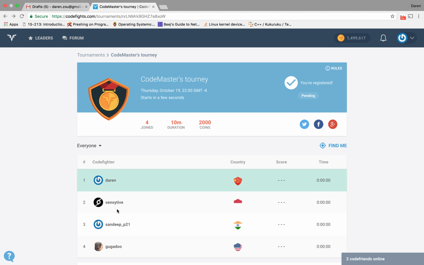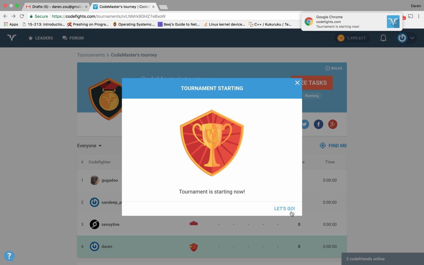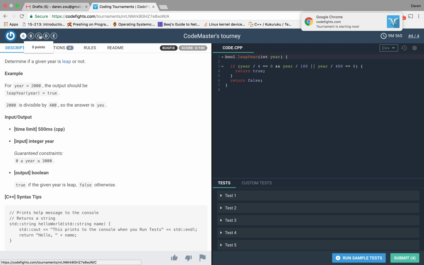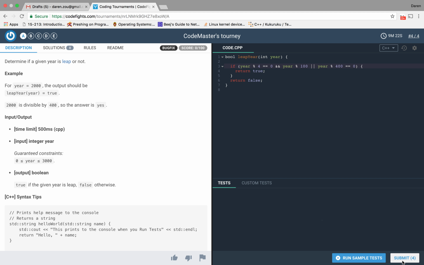Let's see. Sensitive is really fast. So CodeFights expanded their tournaments. I believe this is the formula for a leap year.